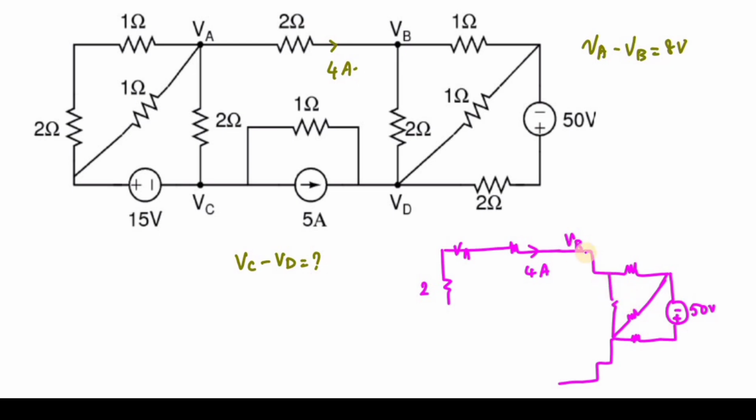Whatever current is flowing through this one with the 4 amps will be received at this end. So this is my 4 amps current and this is VD. Right, so the current flowing through this one is 5 amps.